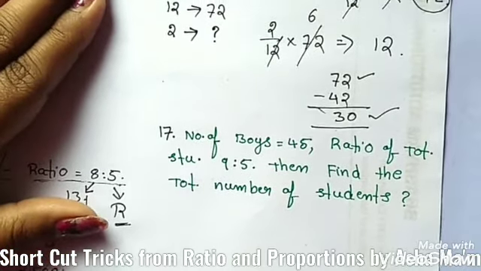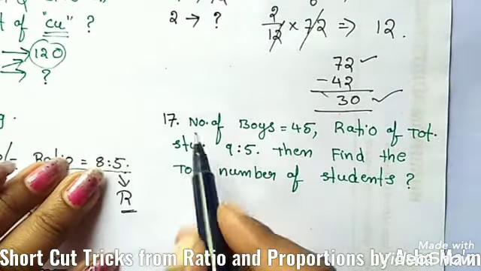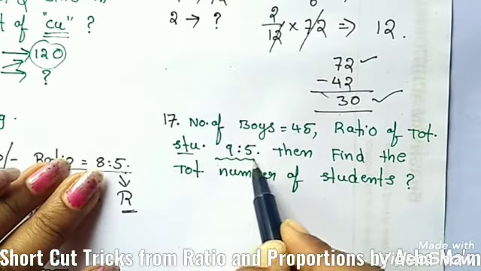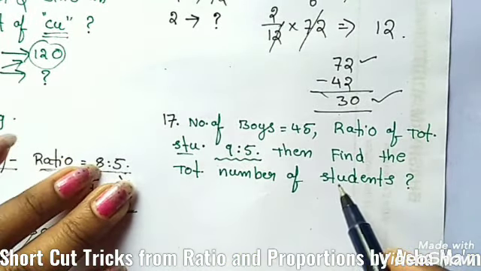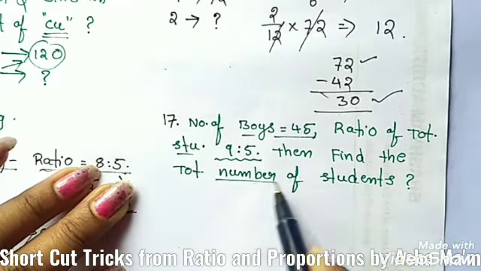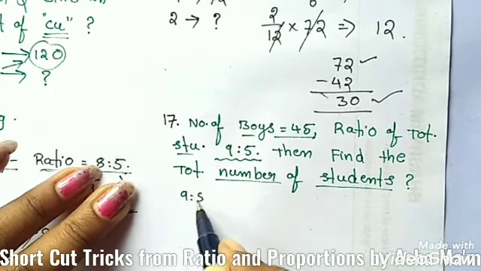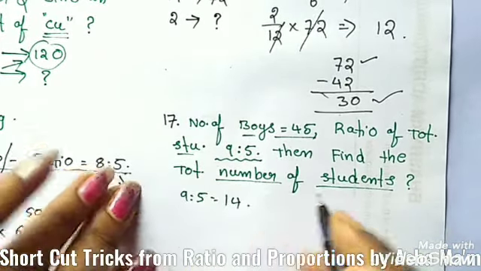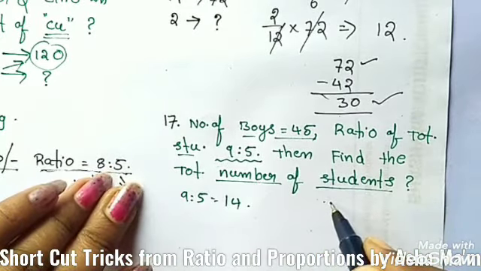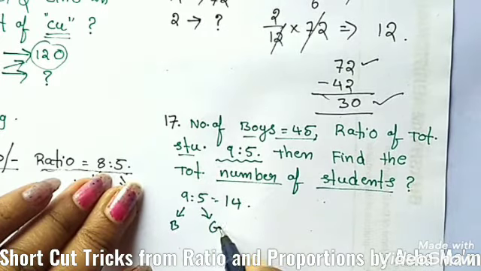Number of boys they have given, that is only 45, and ratio of the total number of students is equal to 9:5. Then find the total number of students. Number of boys they have given. Now we need to count the total number of students here. So 9:5, nothing but it is 14. Now 14 means 9 is for boys, 5 is for girls.